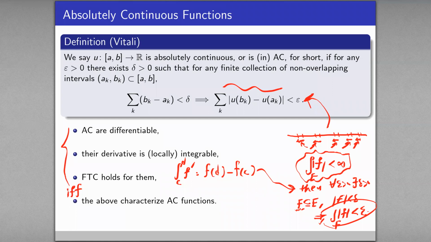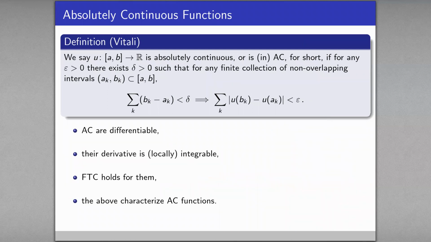So your function is AC if and only if the three above hold. And this thing that I talked about here about integrals can be used to go in some of these directions. Okay, so this is the definition of absolutely continuous functions, a definition due to Vitali, and these bullet points are the significance of this class of functions.